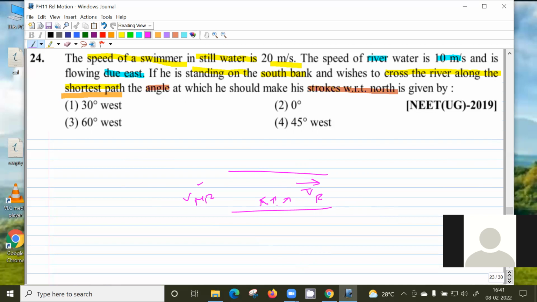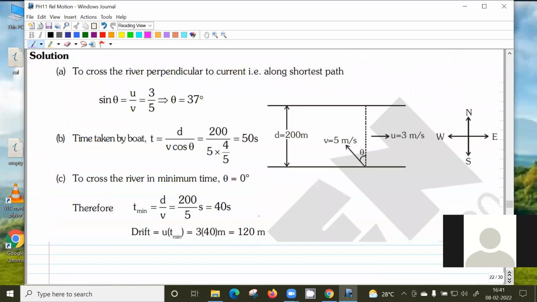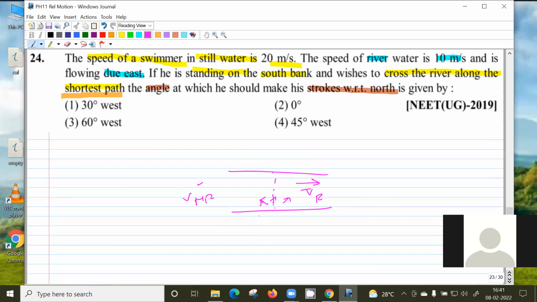So if he has to travel in the shortest path, with respect to the river he has to travel in this direction, so that with respect to the ground, it will be this one, the shortest path.